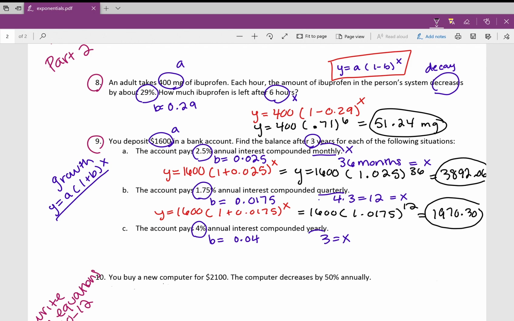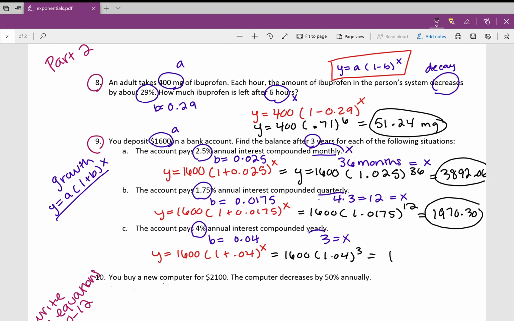Okay, let's look at the last one. We're going to write an equation. So we have y is equal to a, which is 1600, 1 plus 0.04 to the power of x. Remember, our equation has x and y. And then we plug in x, so we have 1600, 1.04 to the power of 3. So now let's see what this is going to be. So 1.04 to the power of 3 times 1600.